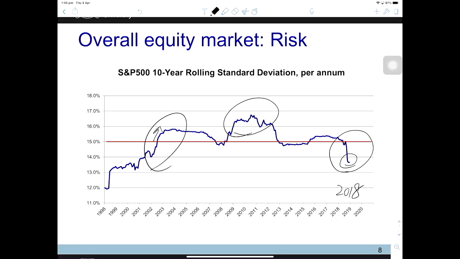What market? Commodity market. That's the driver of the general performance of the equity market in the Australian economy. And here we're looking at the S&P 500. What's so special about 2018 in a 10-year rolling calculation of standard deviation?